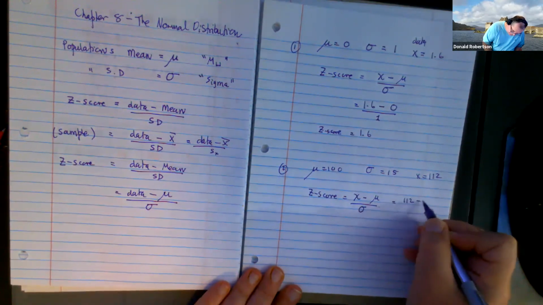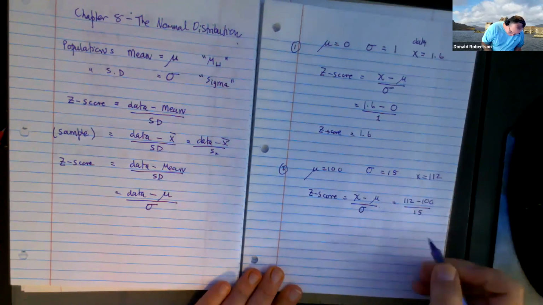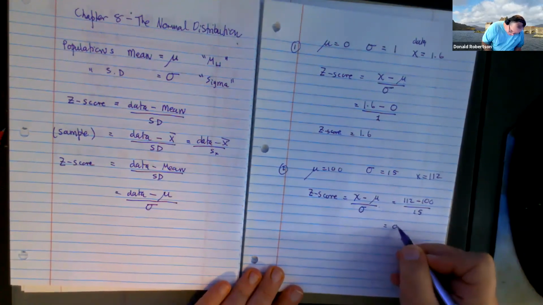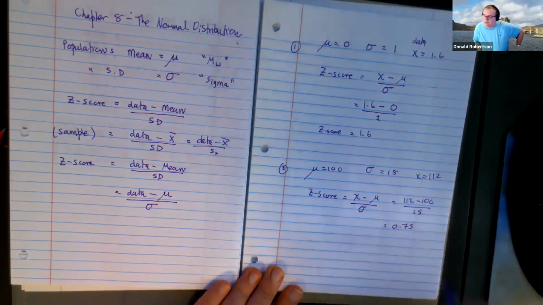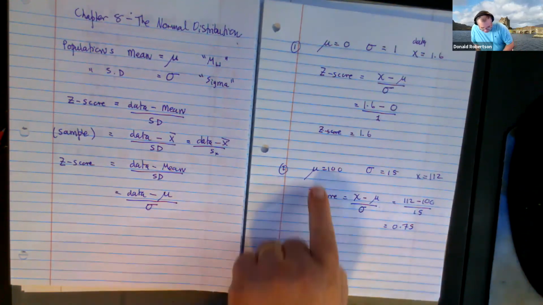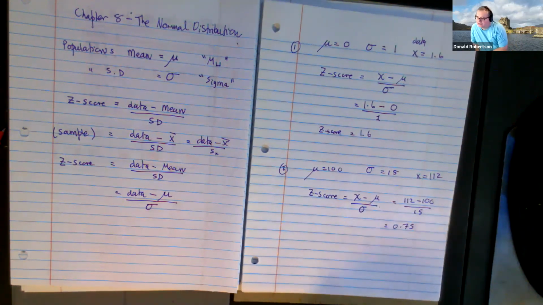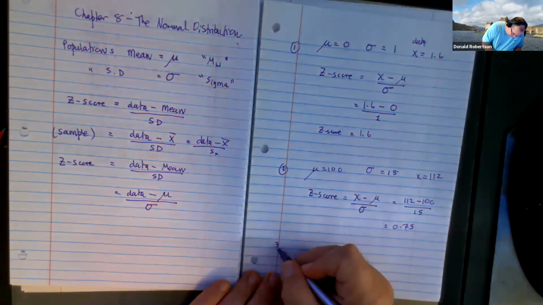Data, take away the mean, divided by the standard deviation, 0.75. We'll just keep z-scores as decimals as a general rule. So as long as I tell you these three things, are you comfortable with finding z-scores? Do one last one then, just to be sure.